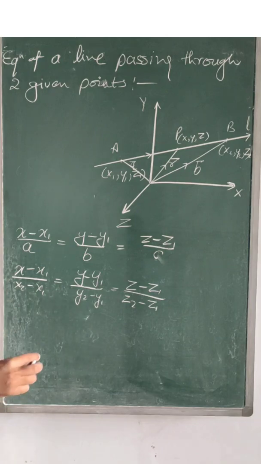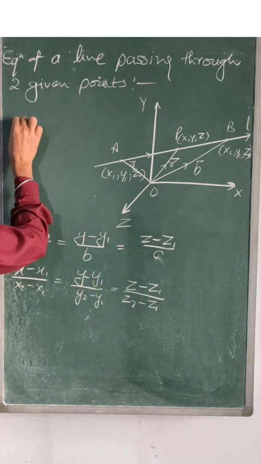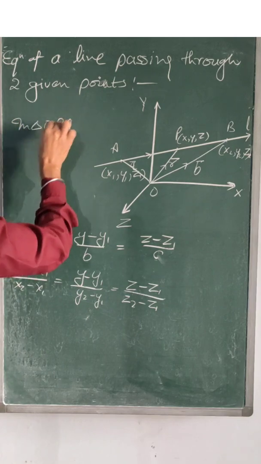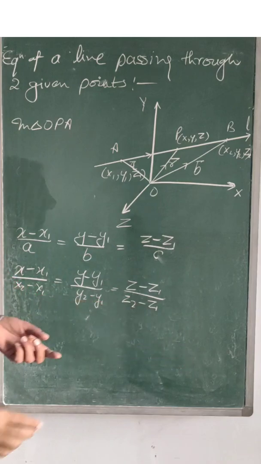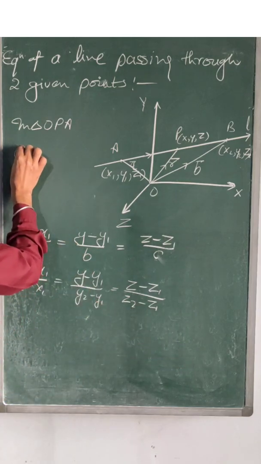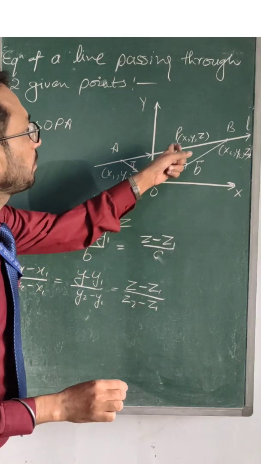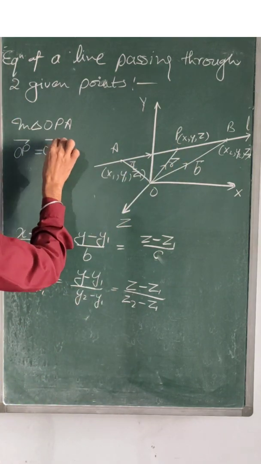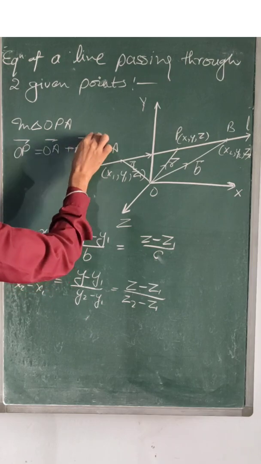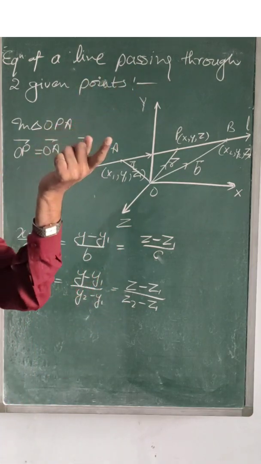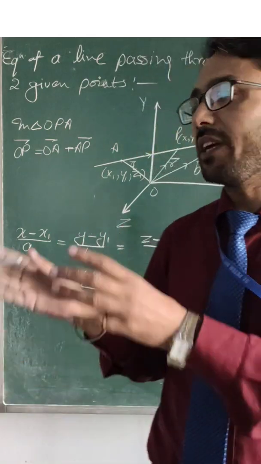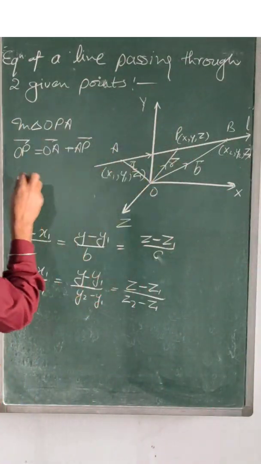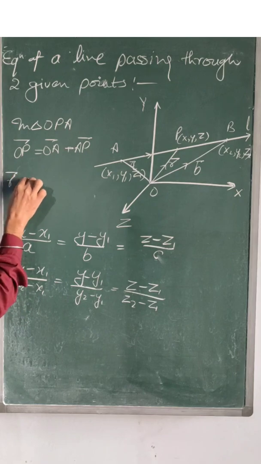Triangle law of vector addition I am applying in triangle OPA. What can I write? OP vector can be written as OA vector plus AP vector, as we have done in the previous topic. It is the same as whatever we have done for a point. Now OP vector can be written as R vector.